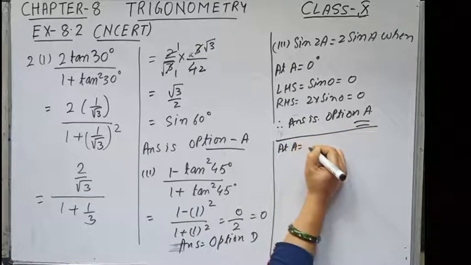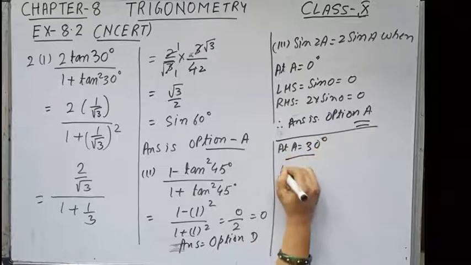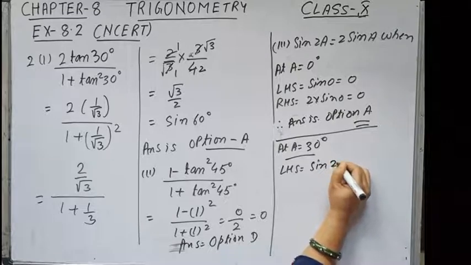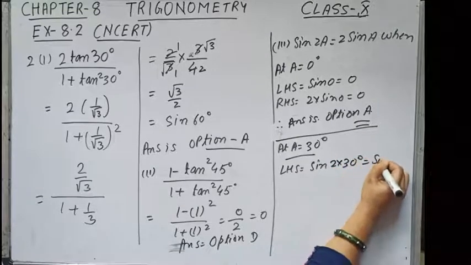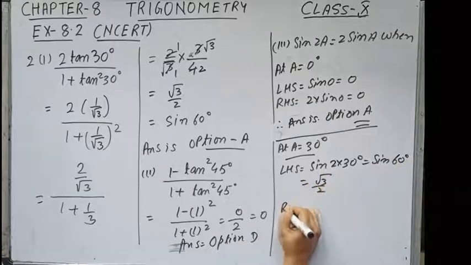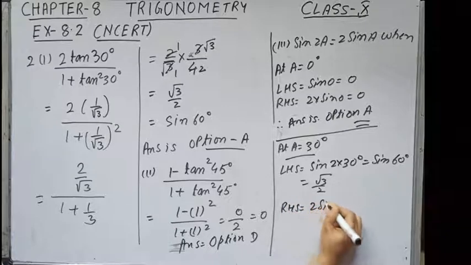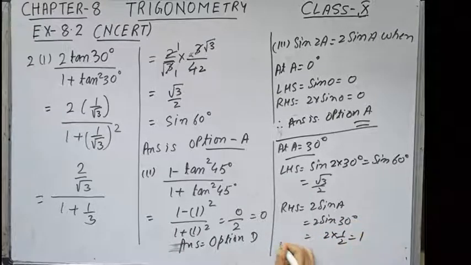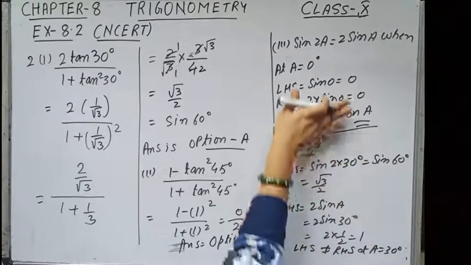At A equals 30 degree, LHS equals sine of 2 into 30 degree equals sine of 60 degree equals root 3 by 2, and RHS equals 2 sine A, that is 2 sine of 30 degree, that is 2 into 1 by 2, that is 1. Therefore LHS is not equal to RHS at A equals 30 degree. This you don't have to do, children, till this it is sufficient.